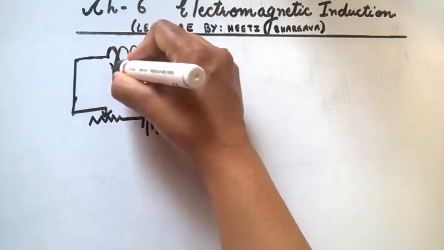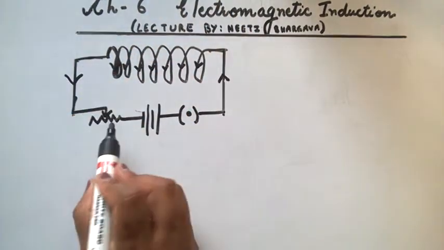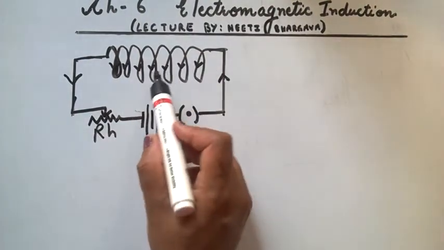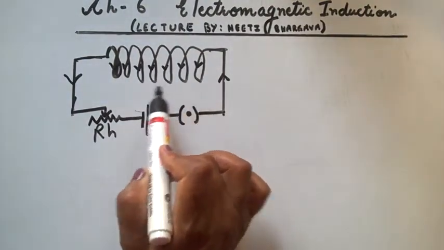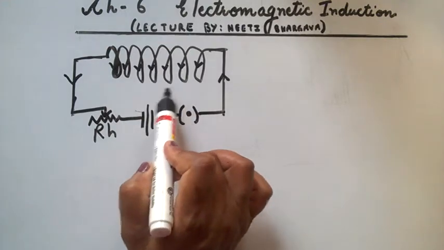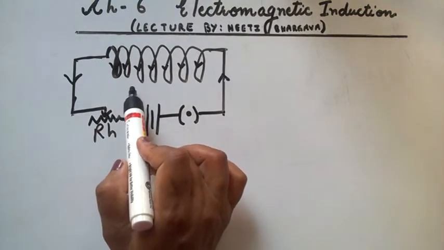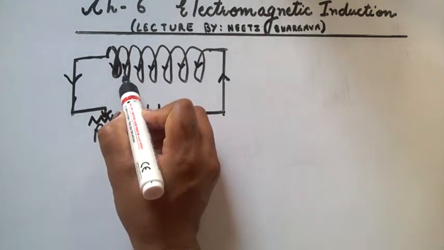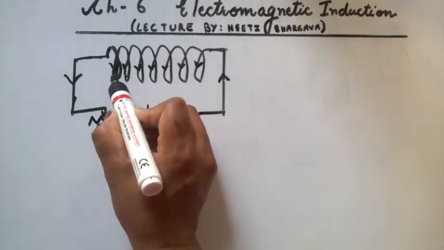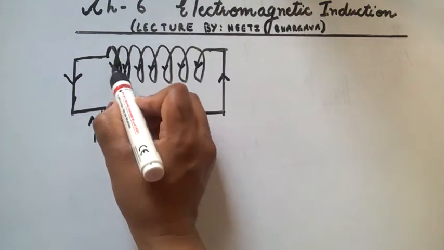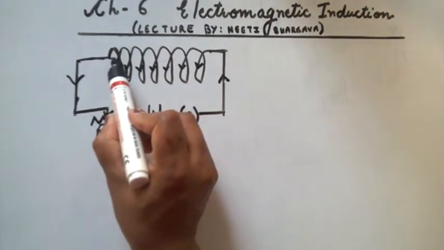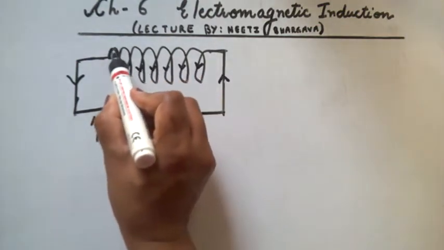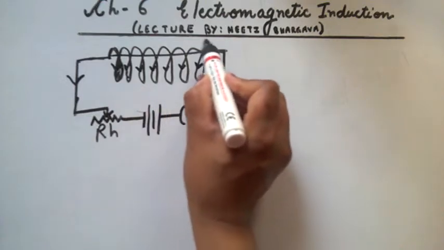And when the variable current is passed with the help of a rheostat, there is a change in the magnetic field lines produced within the coil, and because of the change in magnetic field lines there is a change in magnetic flux. Because of the change in magnetic flux, an EMF is induced within the coil, known as self-induced EMF, because it is not produced by any external agency.